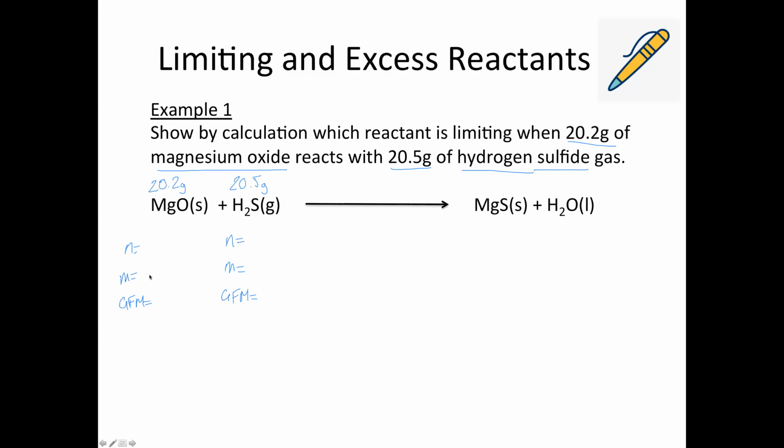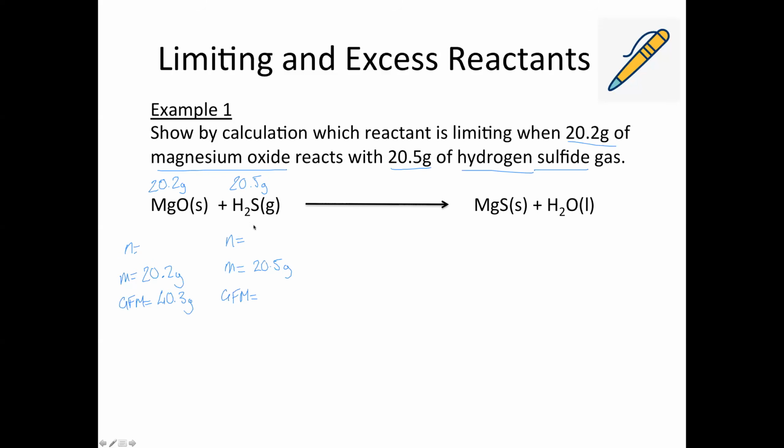So if we put the numbers that we've been given into our mole relationship, and then the GFM for magnesium oxide, you'd add 1 mole of magnesium, which is 24.3, plus 1 mole of oxygen, which is 16, and that adds up to give you 40.3 grams.